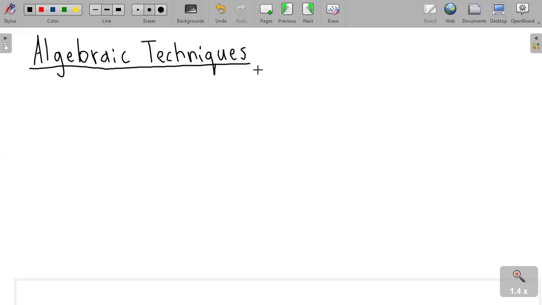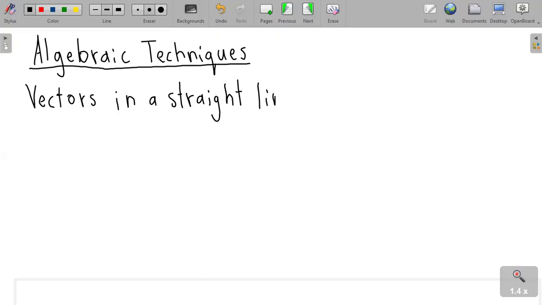Okay. So now, this is for vectors in a straight line. This is for vectors in a straight line, okay?